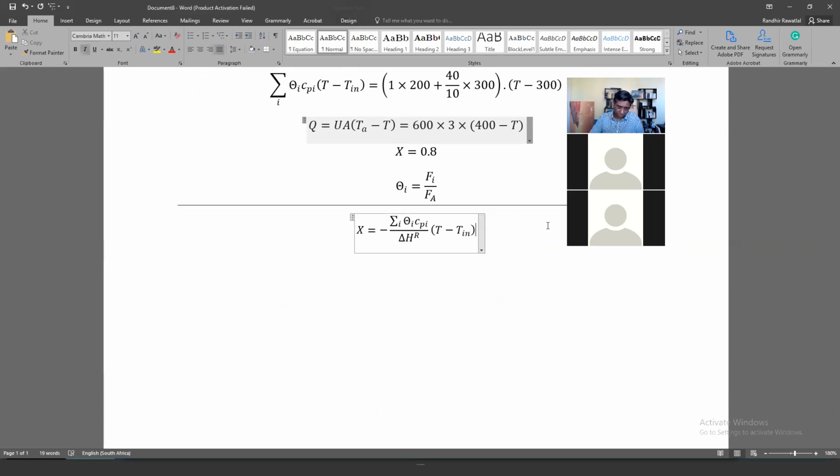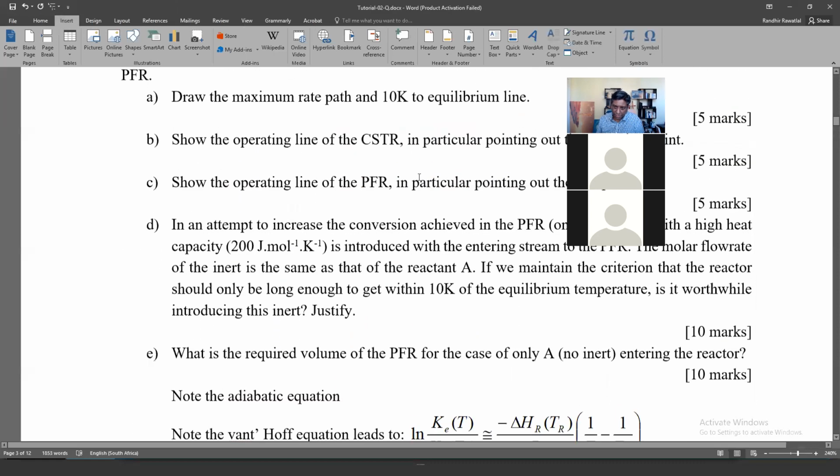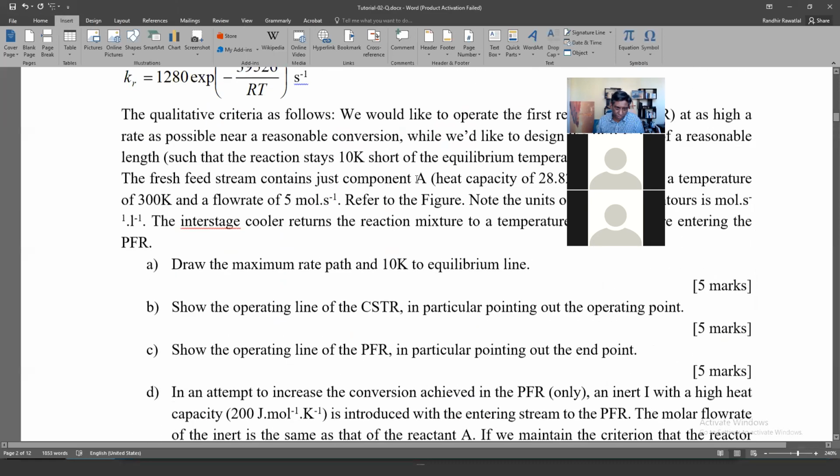So we now have minus the sum of theta I CPI. We are feeding component A, right, theta A is always 1. So this is going to be 1 times CPA, and then plus theta B, which is 0, right? We are told that it's pure A in the reactor to begin with.